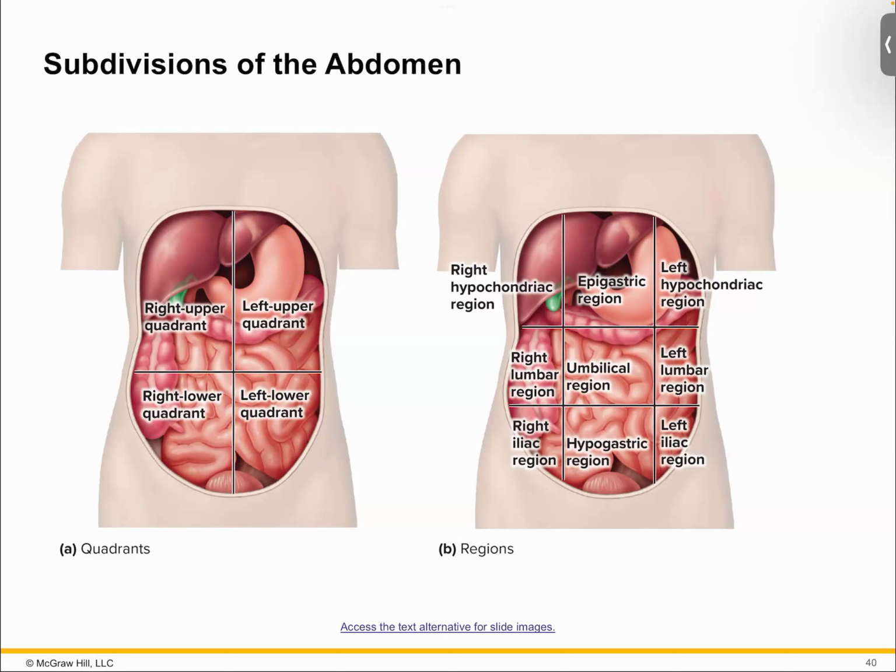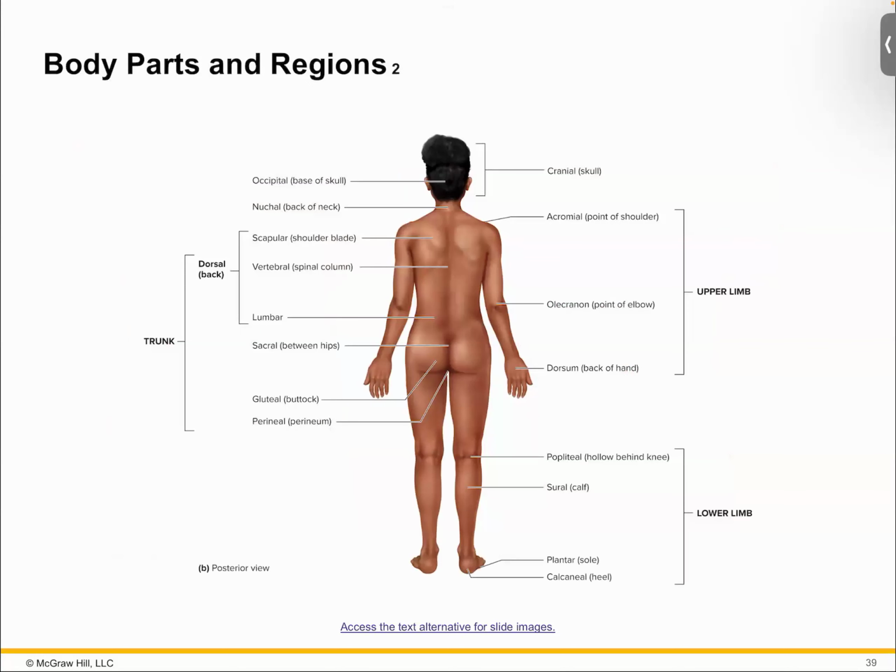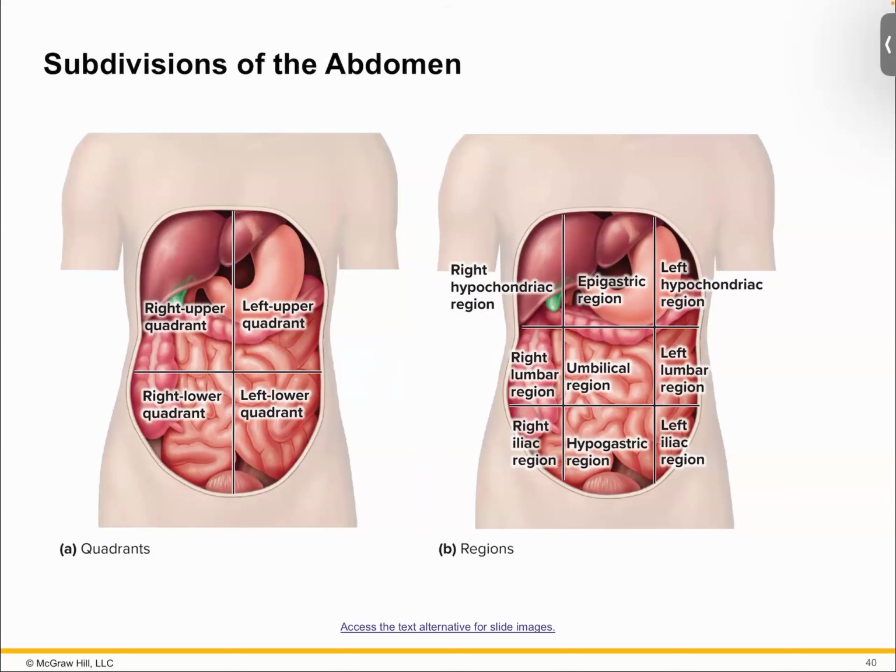So if you're going for the appendix, for instance, you don't need to be making a cut up here in the left hypochondriac region, because you know the appendix is going to be further down here, at the boundary roughly of the right iliac versus the right lumbar, in that range. And so that's the reason for this, so that you can locate roughly where these organs are before you just go hacking into somebody, right? Because surgery can get quite messy if you're just butchering the patient.